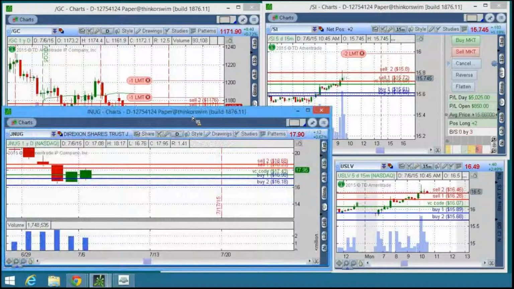The reason why we do that is because it's very difficult to manage the risk of a futures position with unlimited margin overnight.